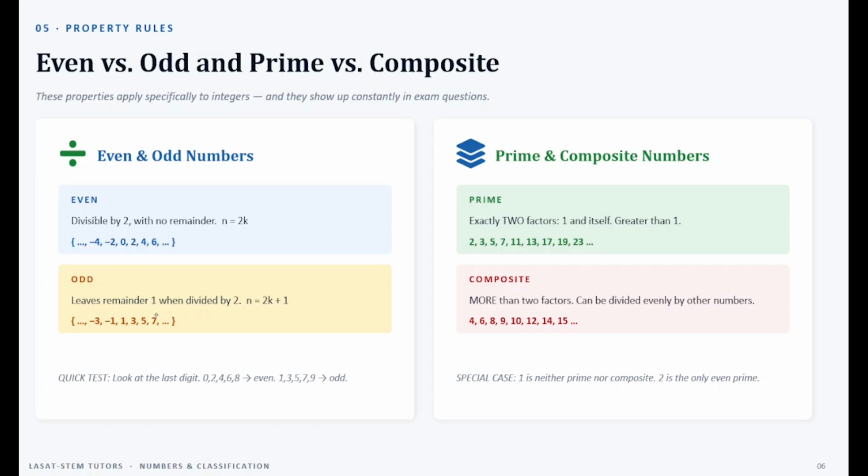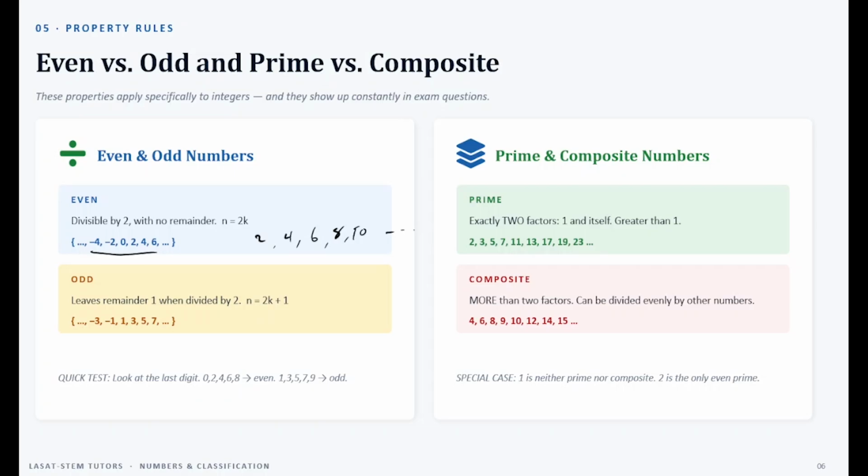They cannot be divided by 2 without remainders. So we've seen different examples: -4, 6, 8, 10. You are skipping a number. If you start from 2, skip, you get 4, skip a number, you get 6, you get 8, you get 10, and so on. Then odd numbers are numbers that cannot be divided by 2 without remainder.